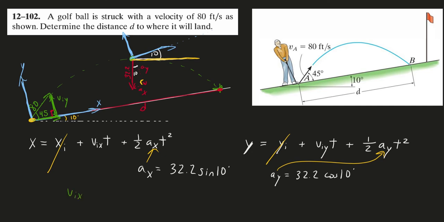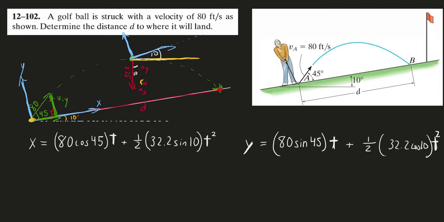So Vix will equal 80 cosine of 45, and Viy will equal 80 sine of 45. Alright, so we'll just throw all these numbers into our equations here.